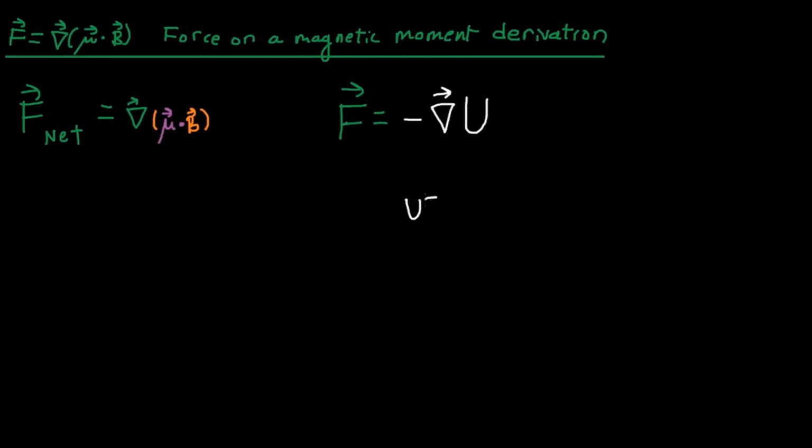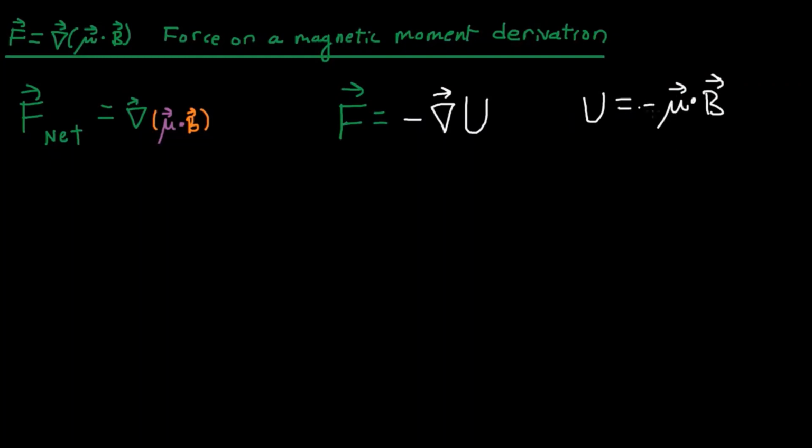You can have U equals mgy, and then you take the negative gradient of this and you get the force of gravity, where U is the potential energy in a gravitational field. But for us, for a magnetic moment in an external magnetic field, U is equal to negative mu dot B, right?